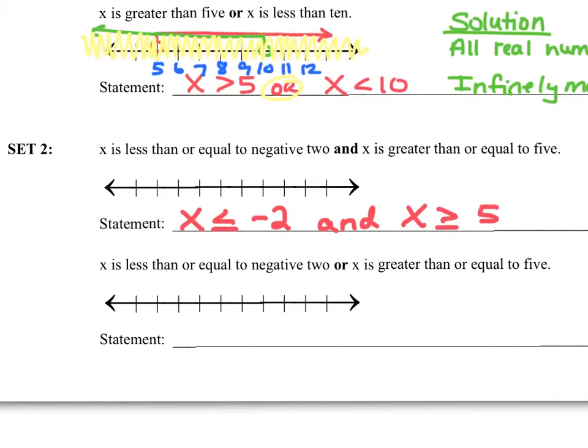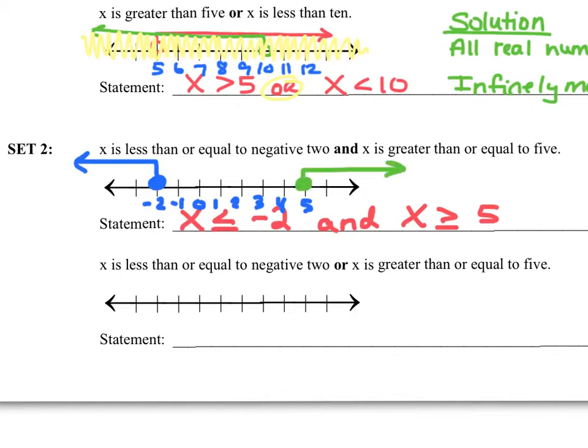Perfect. Let's plot this and graph. X is less than or equal to -2. Cool. So we have a closed circle on -2, and it's going to the left because it's less than. Next one. X is greater than or equal to 5. So closed circle on the 5.